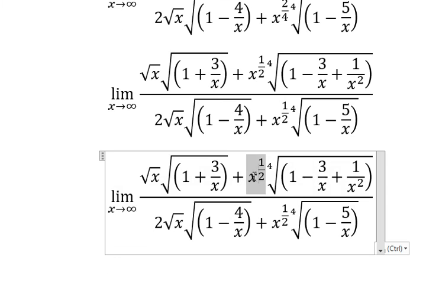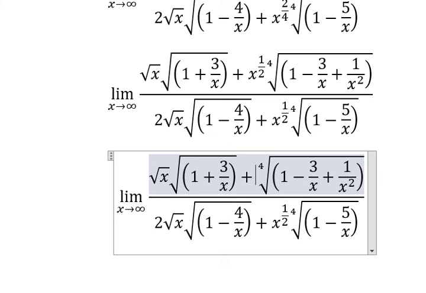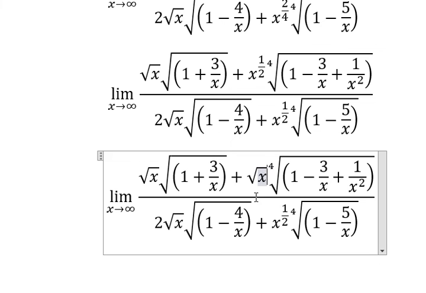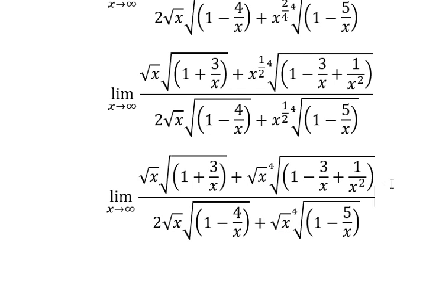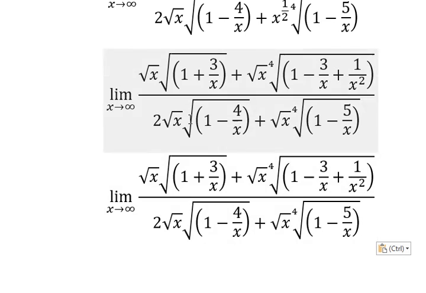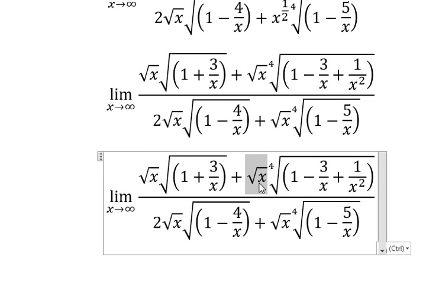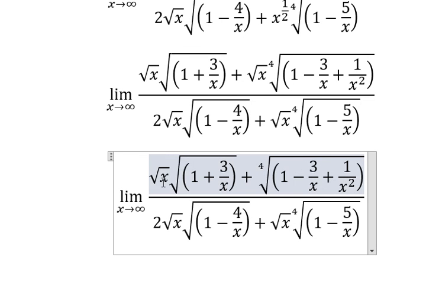And this one we can write as the square root of s. Similar for this one in here. Now, the square root of s, we can factorize.